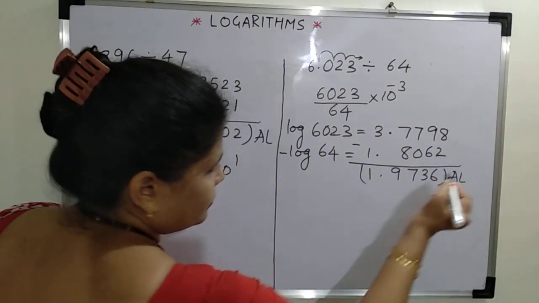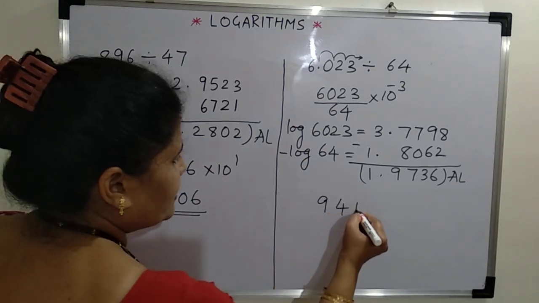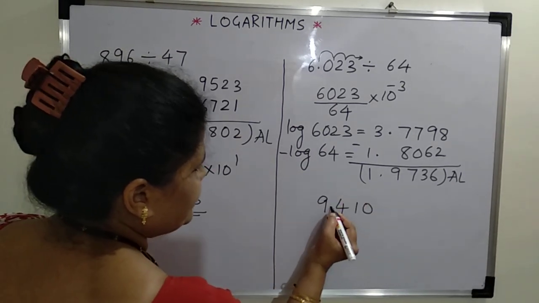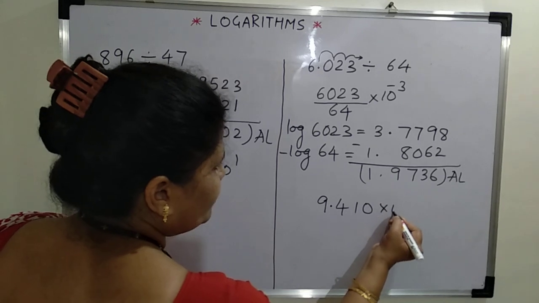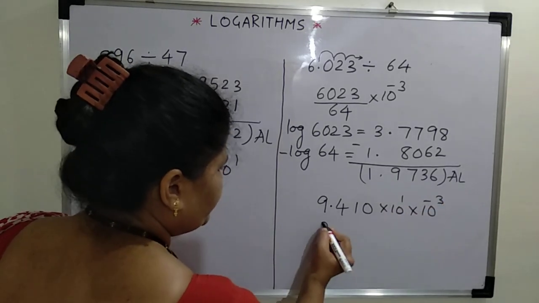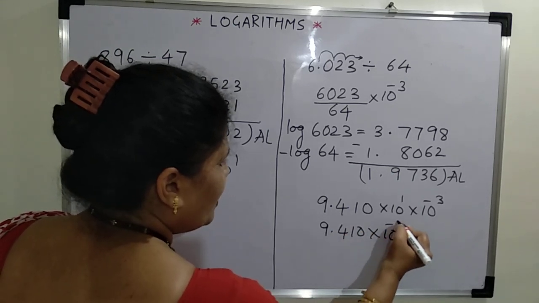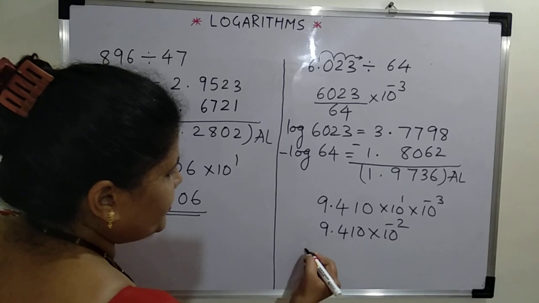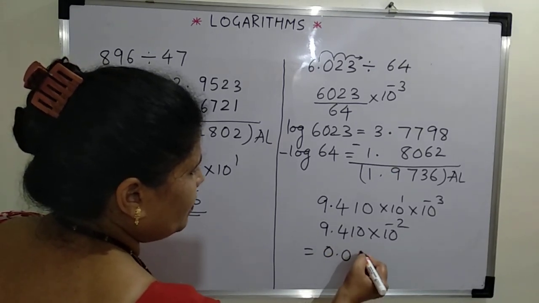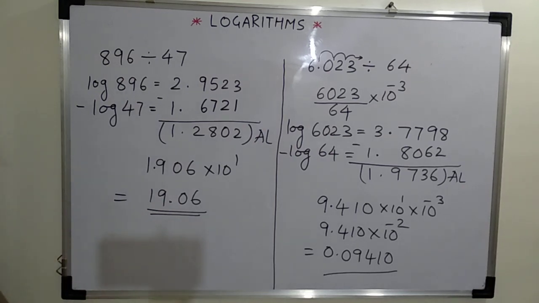Antilog will come to 9410. So how will I place the decimal here? Into 10 raised to 1 into 10 raised to minus 3. So it will be 9.410 into 10 raised to minus 2. Or you can write 0.09410. So this is your answer for this calculation.